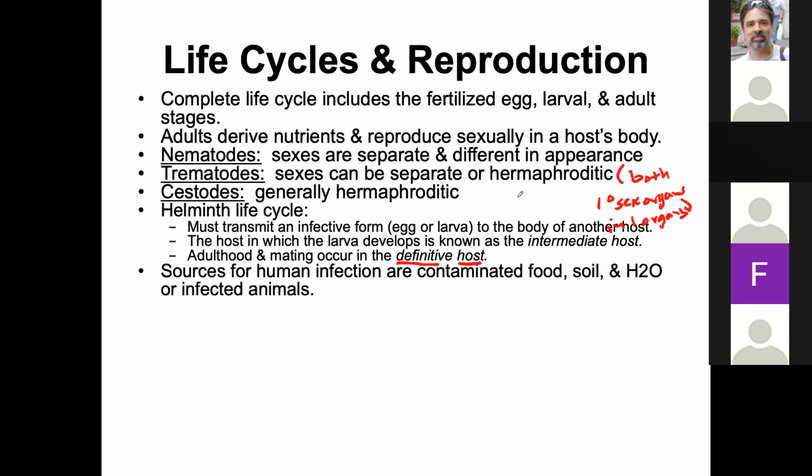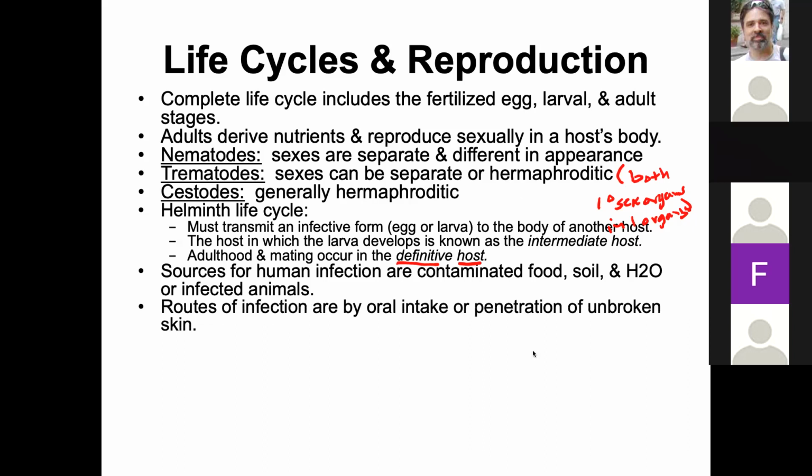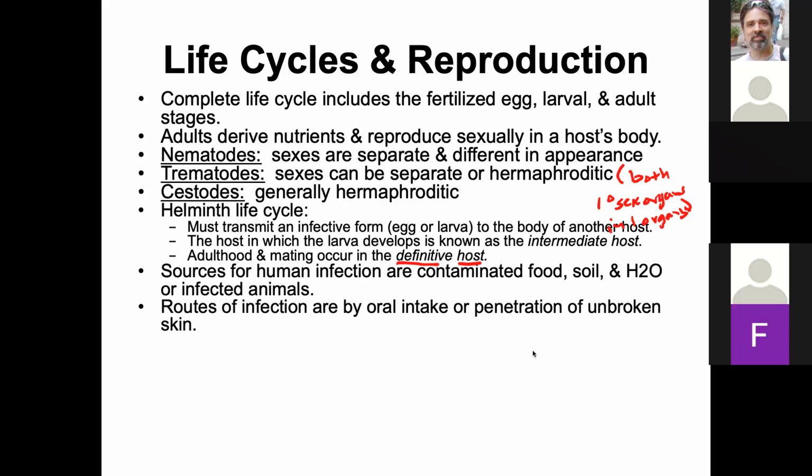So sometimes the definitive and the intermediate host are the same. Sometimes they're different. Okay. Sources of human infection include contaminated food, soil, and water.